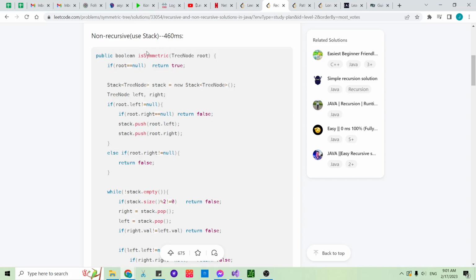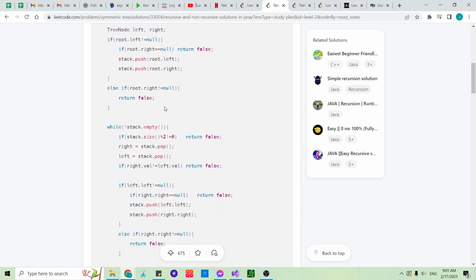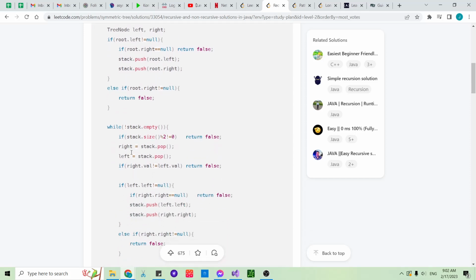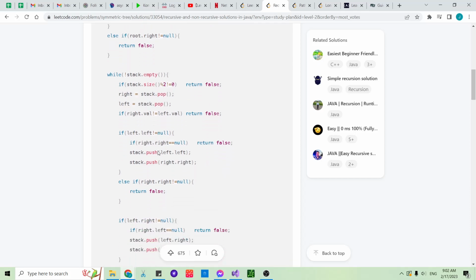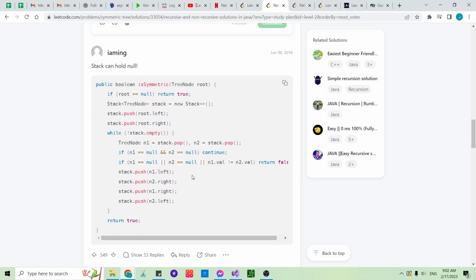Let's see. Okay, so they're using stack. Okay, so they are only using one stack, and that's why the algorithm is different. Look at this.